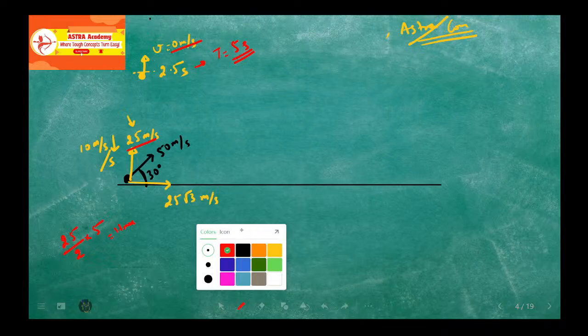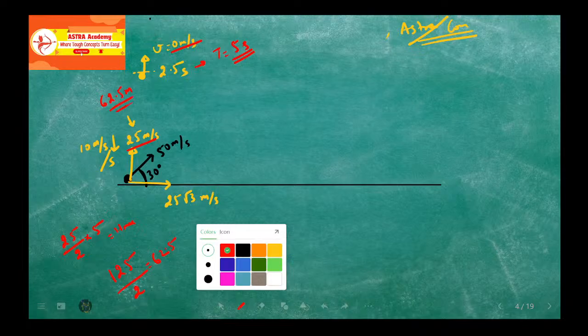It is not necessary that every time I will give you a question divisible by 10, right? So 25 into 5 is how much? 125 divided by 2, how much? 62.5. So 62.5 is the maximum height.